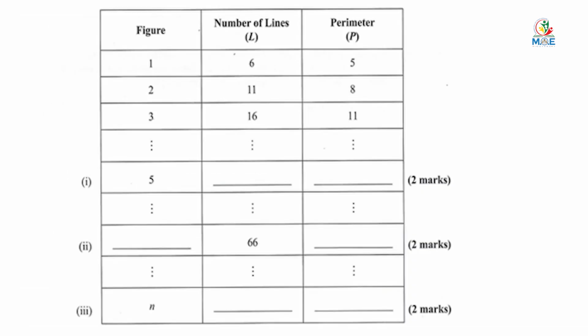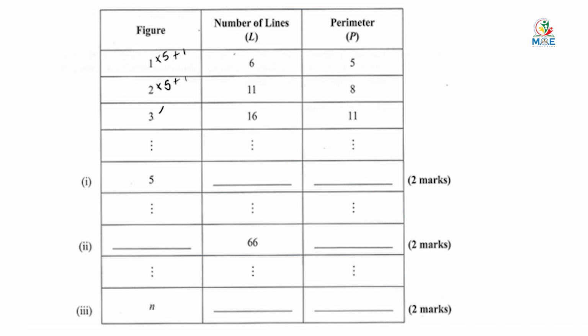So let's see how we can move from Figure 1 to the number of lines. So we can multiply by 6. So 1 times 6 will give you 6. So 2 times 6 will give you 12. So that can't work. So let's try multiplying by 5. So 1 times 5 would give me 5, and then I add 1, that would give me 6. So 2 times 5 would be 10, 10 plus 1 would be 11.